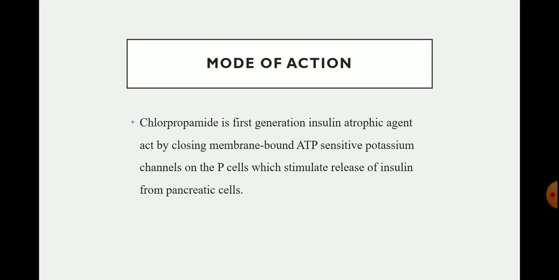Next, the mode of action of chlorpropamide: it is a first generation insulinotropic agent that acts by closing the membrane bound ATP sensitive potassium channel on the beta cell, which stimulates release of insulin from the pancreatic cell. So this is the mode of action of chlorpropamide.